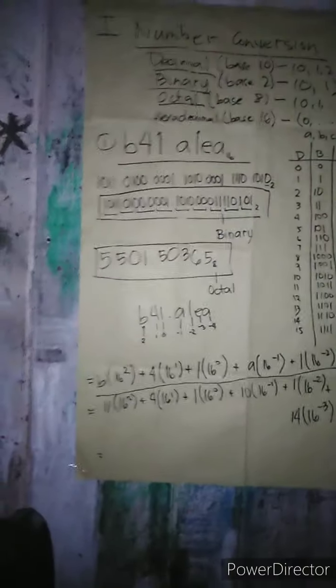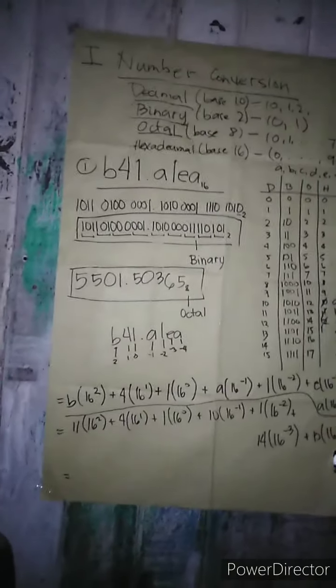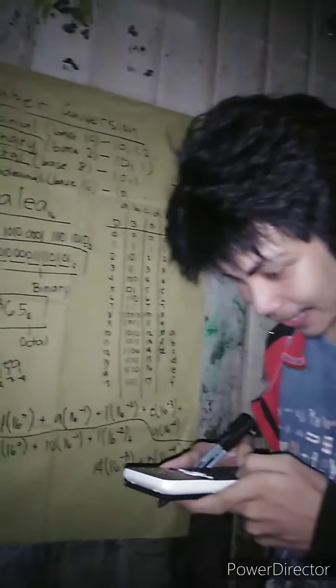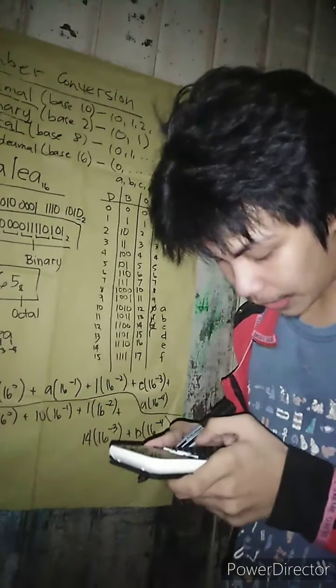I didn't type the negative. I'm not used to my calculator, sorry. 14 times 16 to the negative 3 plus 10 times 16 to the negative 4.